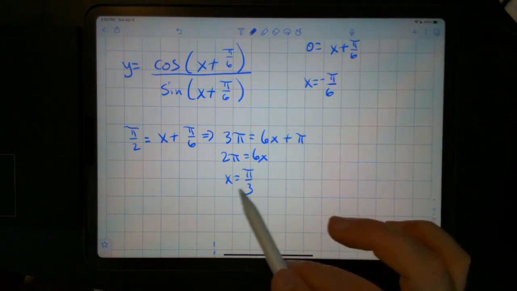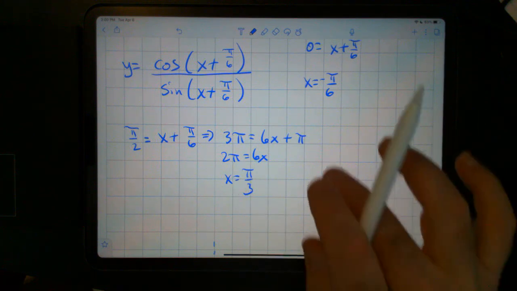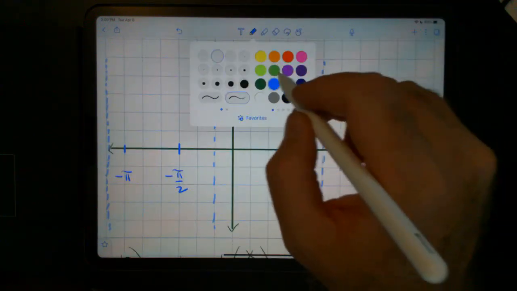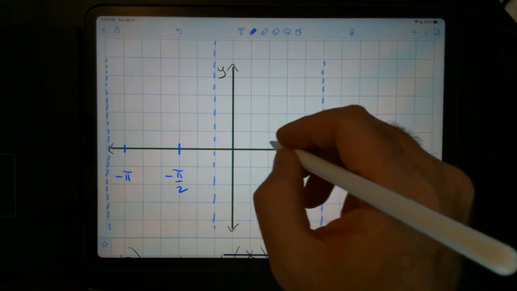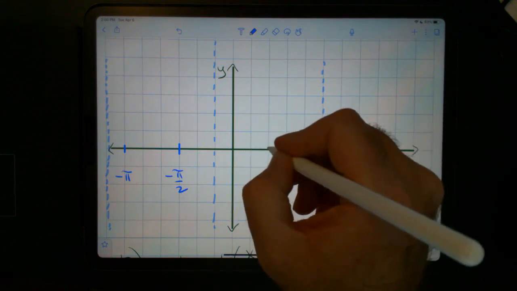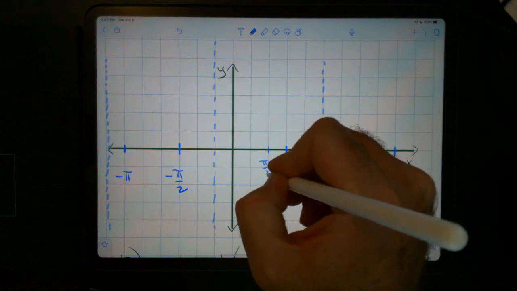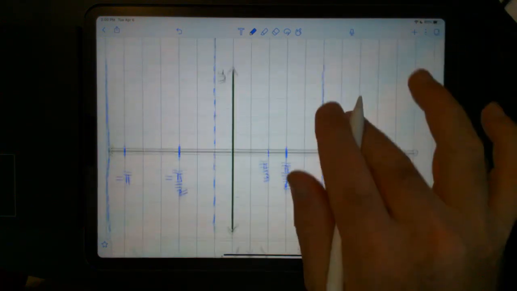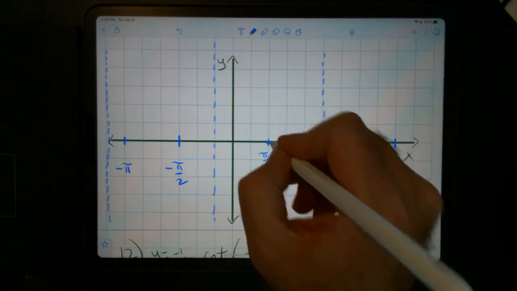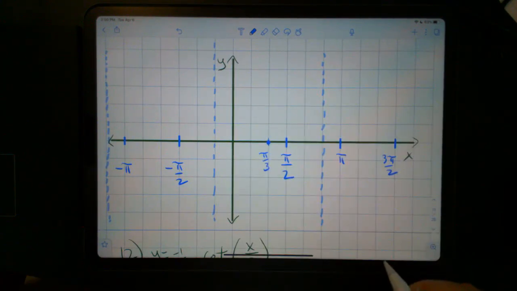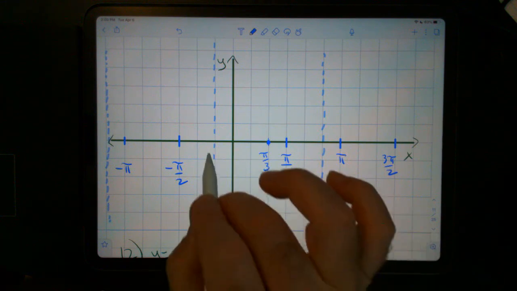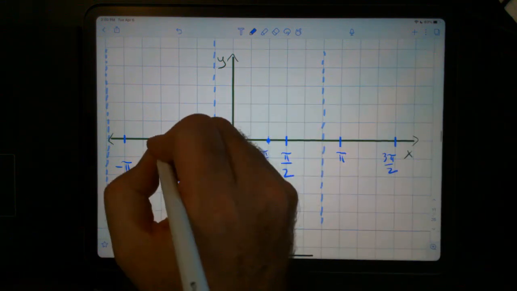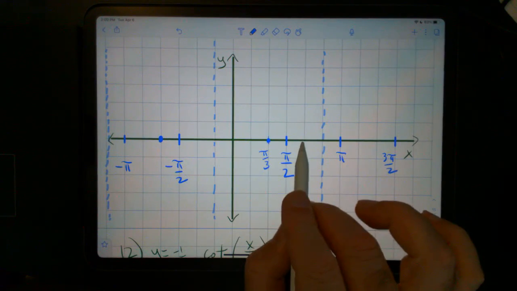So this is where the graph will cross the horizontal axis. Pi over 3 is the same thing as 2 pi over 6. So that is where it's going to cross the axis.